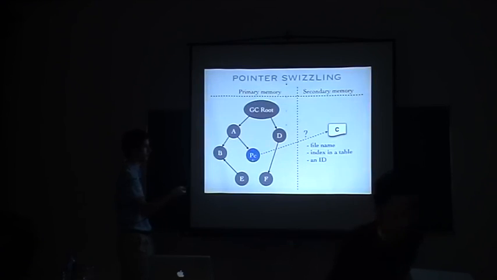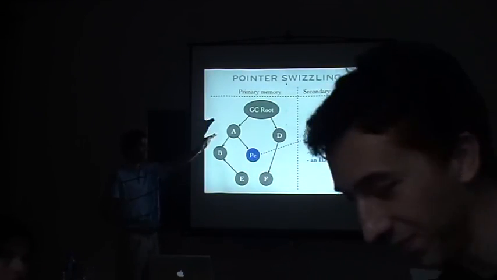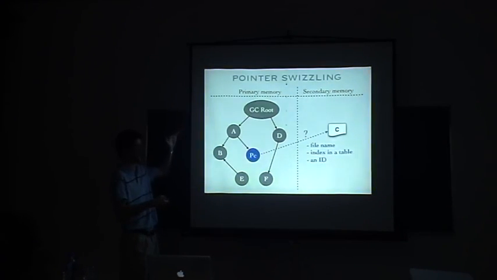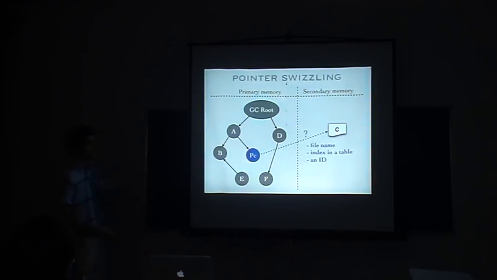Or I have a table in secondary memory, and here I just store an index, for example. But that will mean that I will have to do compaction and all what the file system does, like FAT. Or it is an ID. Maybe each object has an ID, and I have a table which maps IDs to addresses in secondary memory. So that's one of the things.